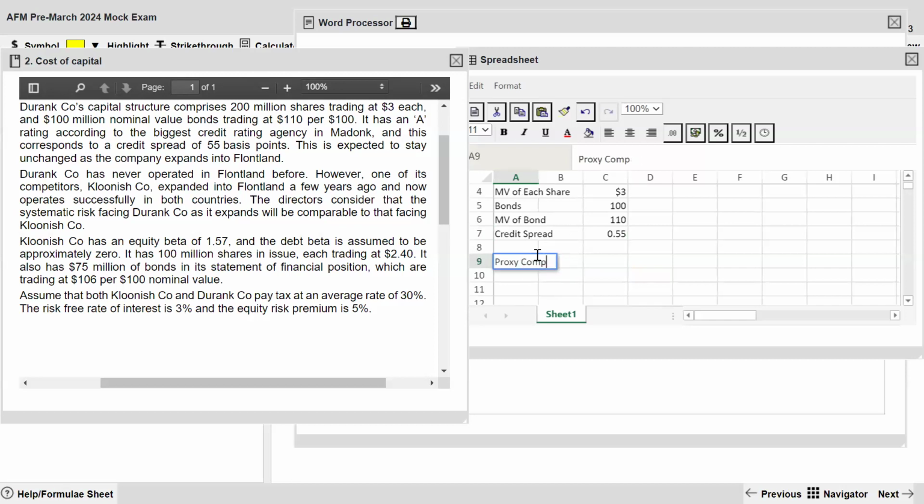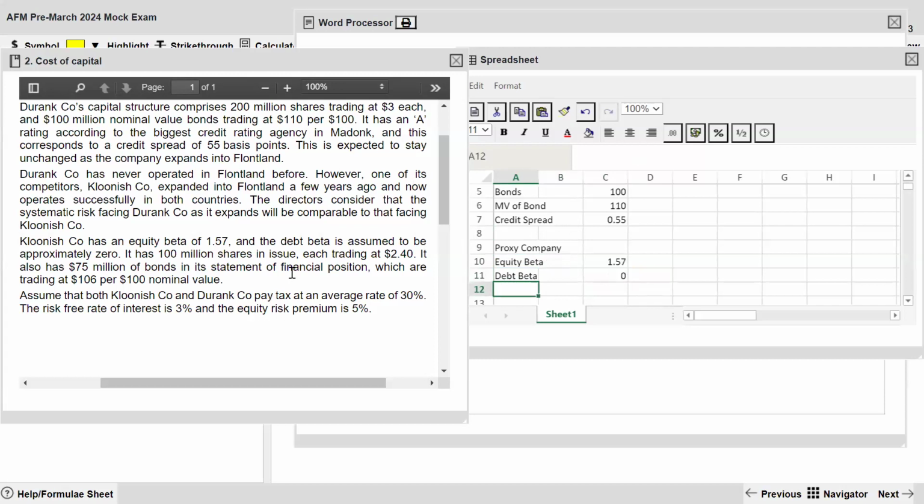With respect to the proxy company, the equity beta of the proxy company is 1.57. And the debt beta is assumed to be 0.